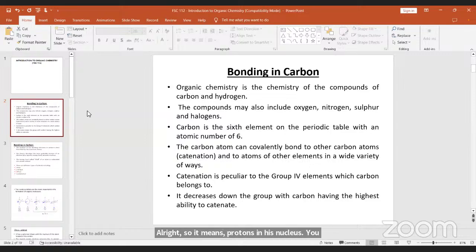Invariably, that means neutral carbon also has 6 electrons in its orbitals. But by now you know that an electron in an orbital is not like the proton in the nucleus of an atom. All the protons are clustered together in the nucleus, whereas the electrons navigate around the nucleus.